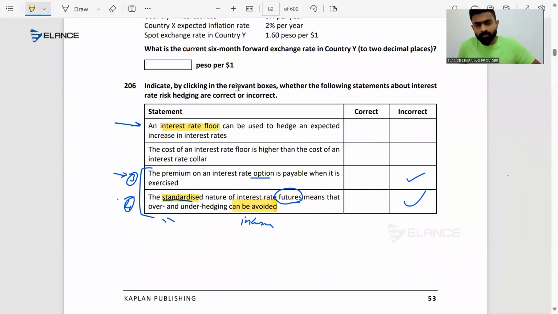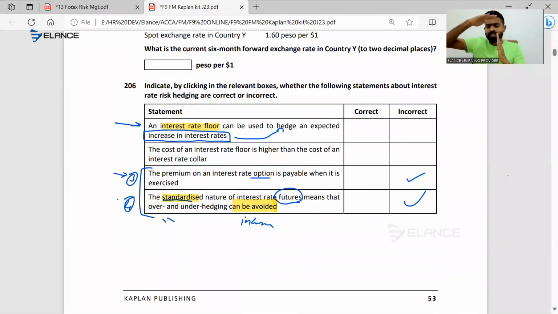Interest rate floor can be used to hedge for what? They said increase in interest rate. In order to hedge increases in interest rate, can we use a floor or a cap? It has to be a cap, right?